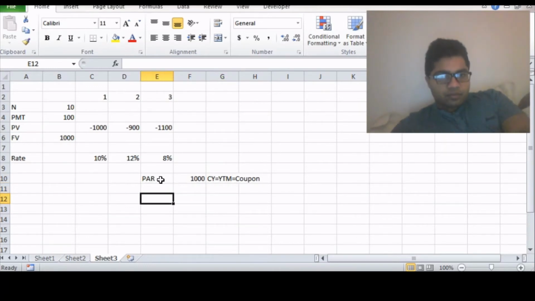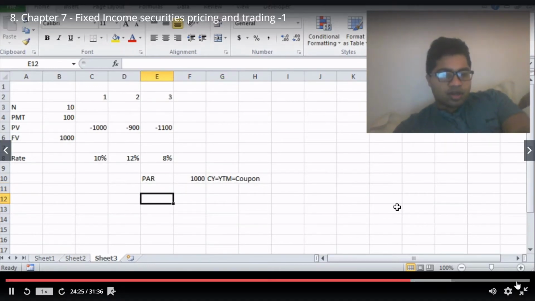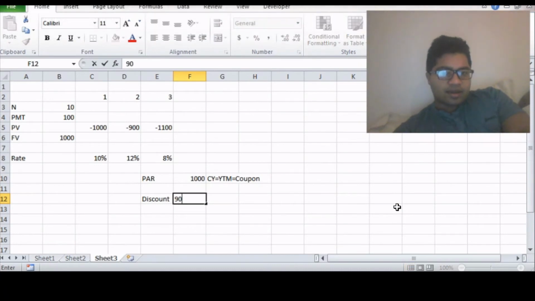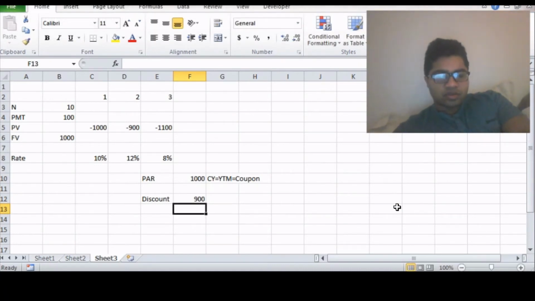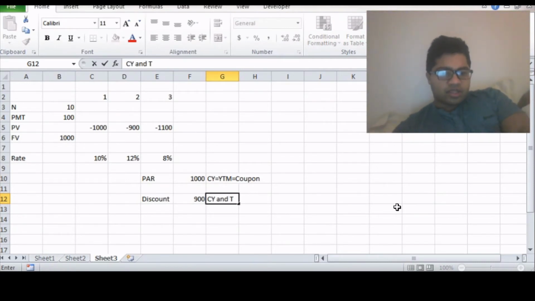Then if bonds are bought at a discount, that is you pay $900 for a $1,000 bond, then current yield and yield to maturity are greater than the coupon rate.